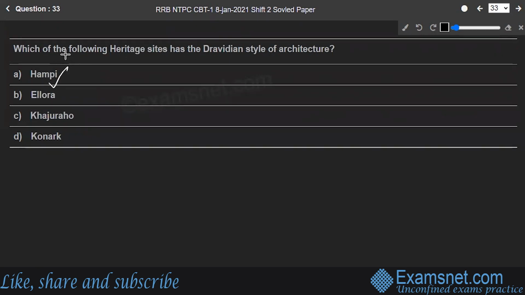The heritage site that has the Dravidian style of architecture is Hampi, also referred to as the group of monuments at Hampi. This is a UNESCO World Heritage Site located at Karnataka.